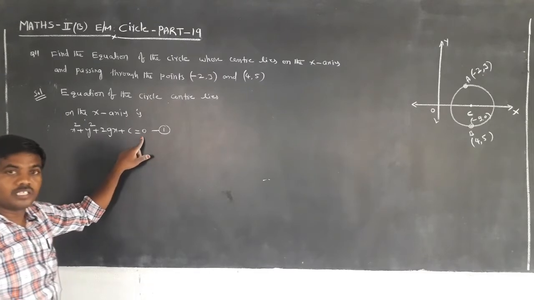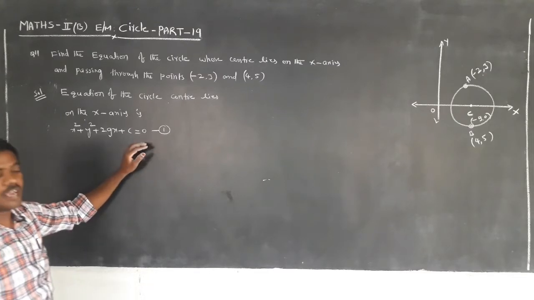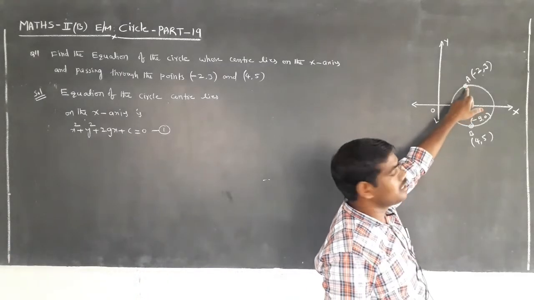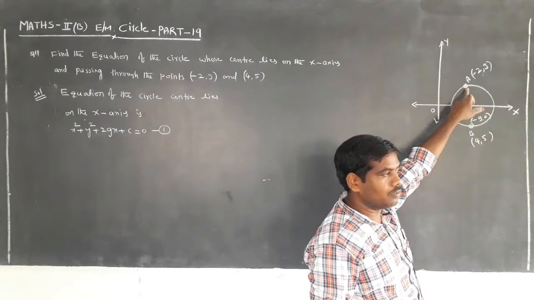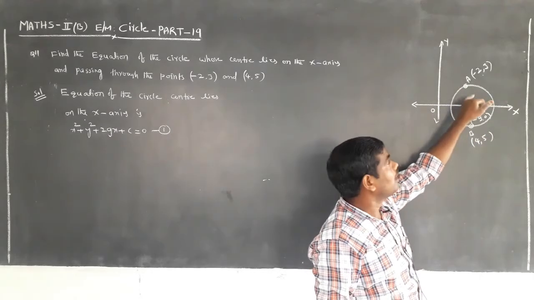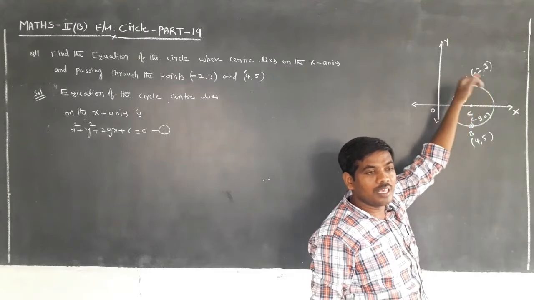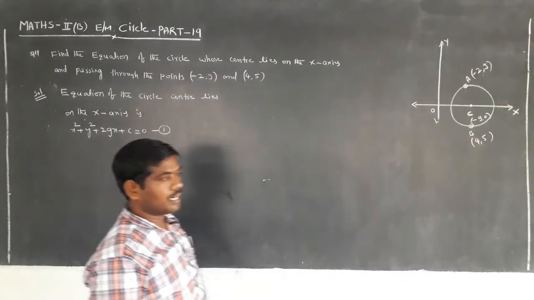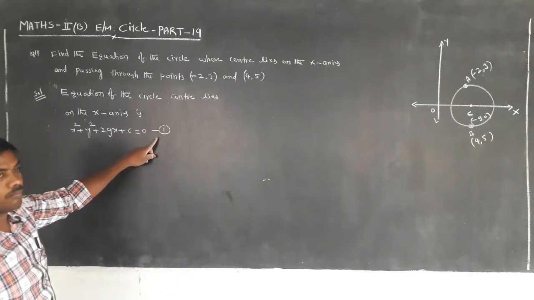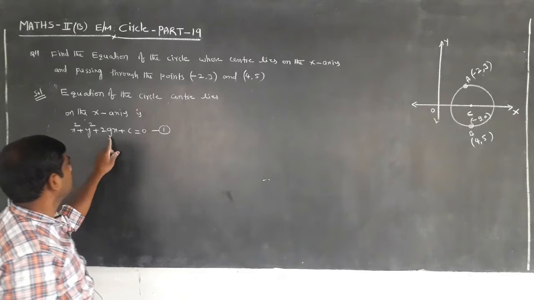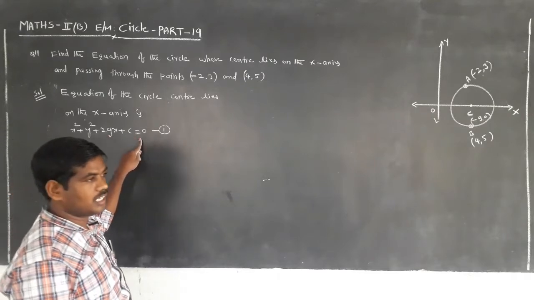Circle 1 is passing through the points A and B, so both lie on the circle. Substitute A and B in equation number 1, and we get two equations in the unknown constants g and c.